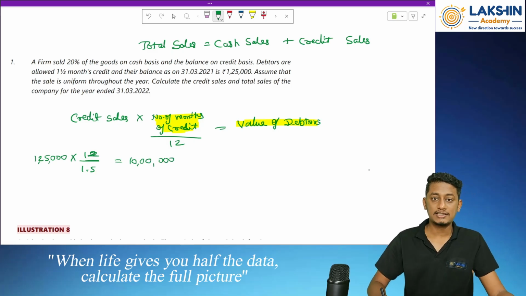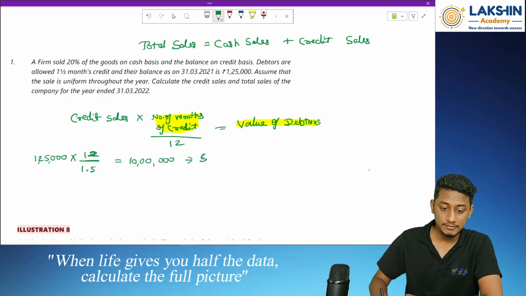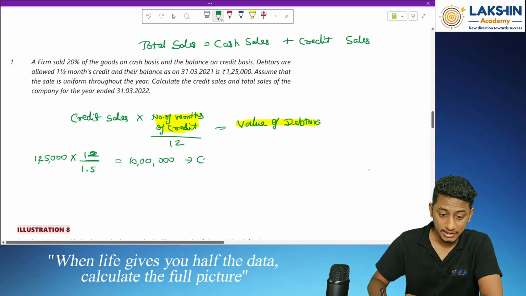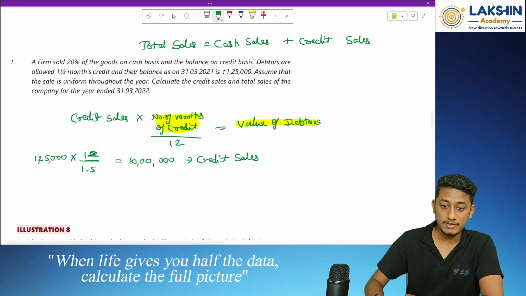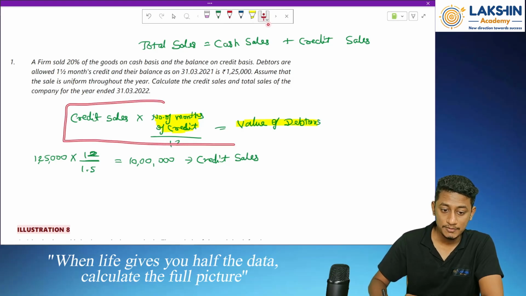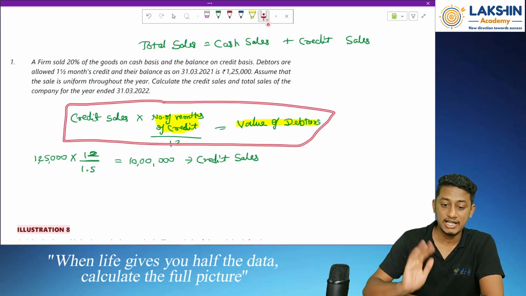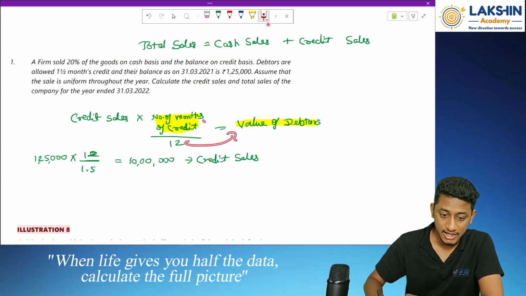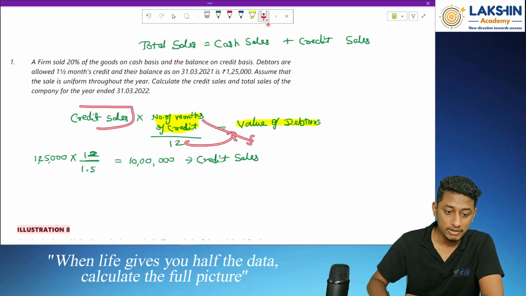So 10 lakh is the sales that is being done. Which sales? This is my credit sales. I have simply used the above formula and substituted the values over here. Nothing big I have done. So 12 will be multiplied by this and it will go down. This is how you find out your credit sales.